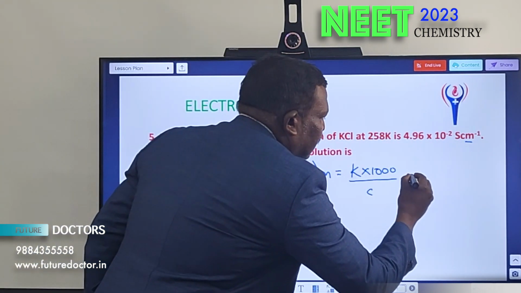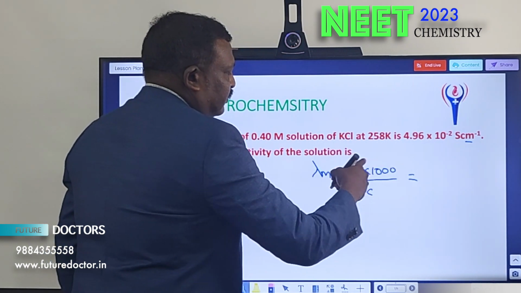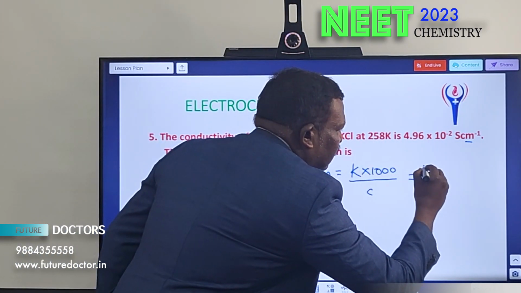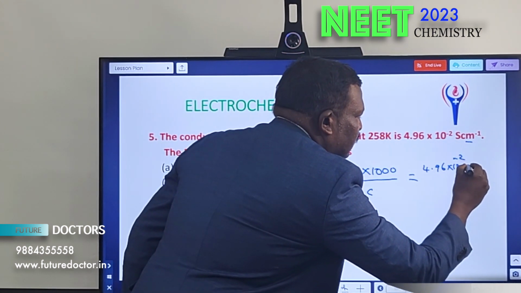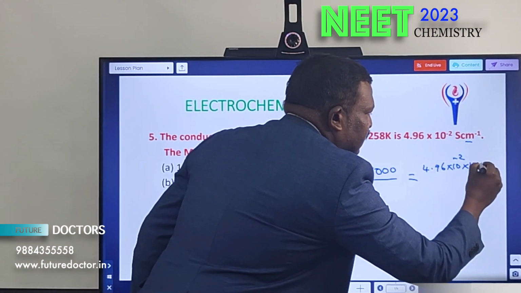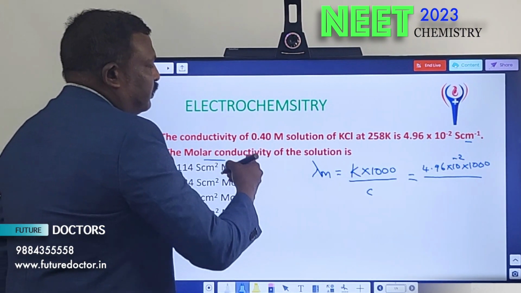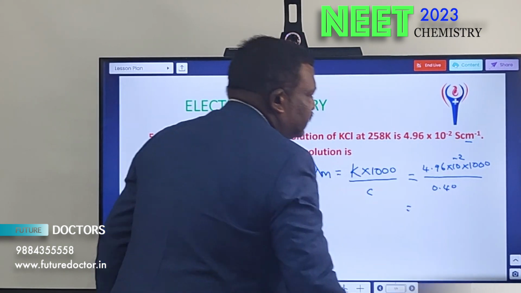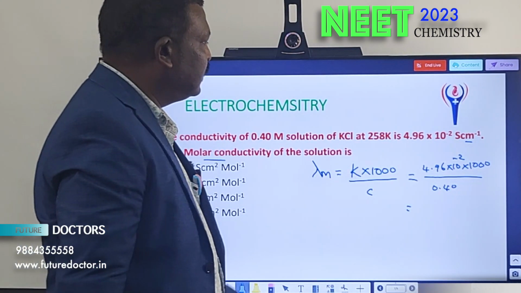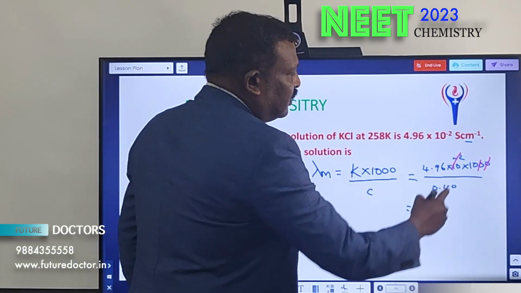So conductivity of 0.40. So kappa is 4.96 × 10⁻² into 1000. Just substitute as it is, simple value. Concentration is what? 0.40. That's all. Then if you simplify it, you get the answer. So this one cancels, this also will cancel. 10³ is there, no?